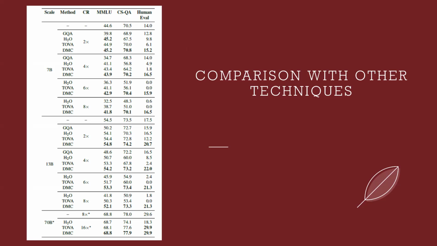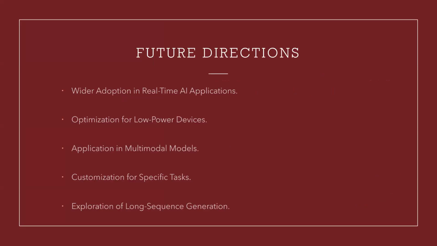But we can clearly see that DMC outcompetes each one of them. So it's all in all a pretty good deal. On top of that, it even maintains the model's performance while reducing the memory usage, which is a very good point in its favor.